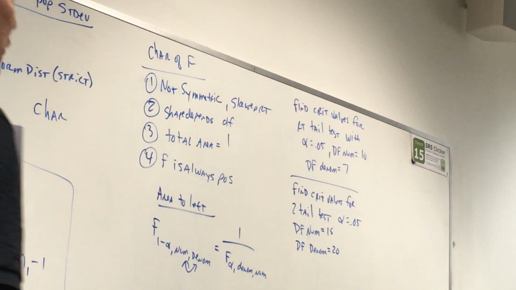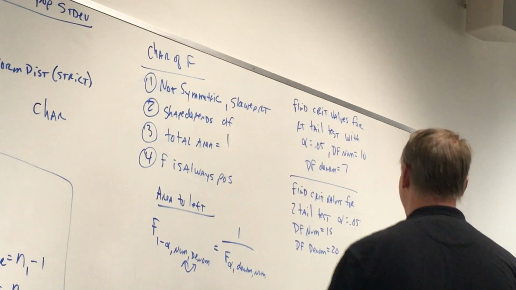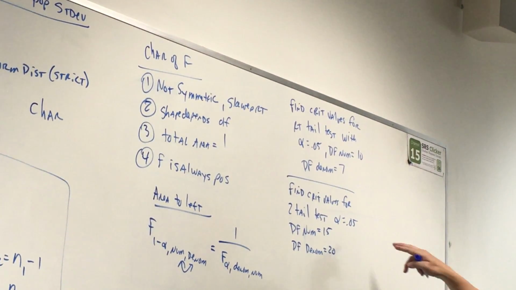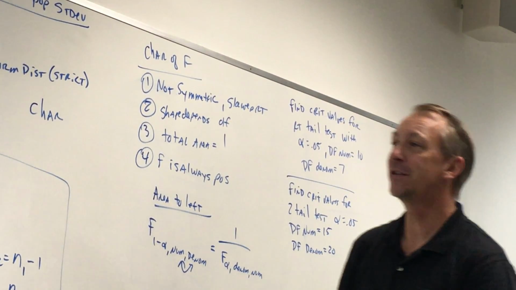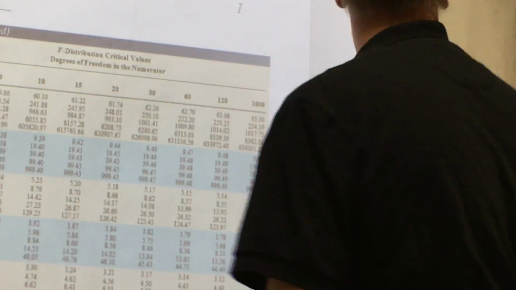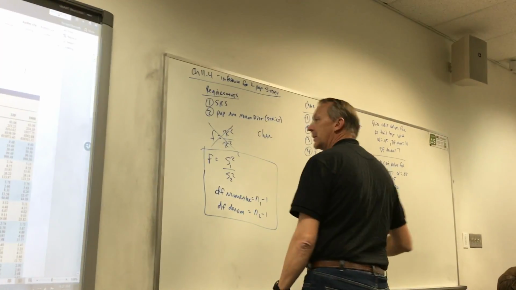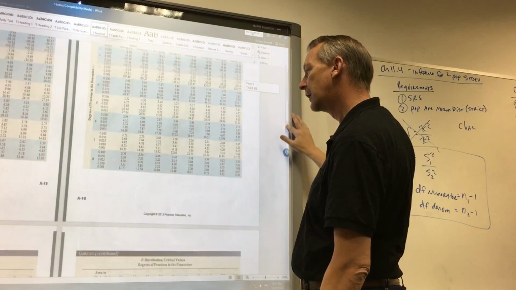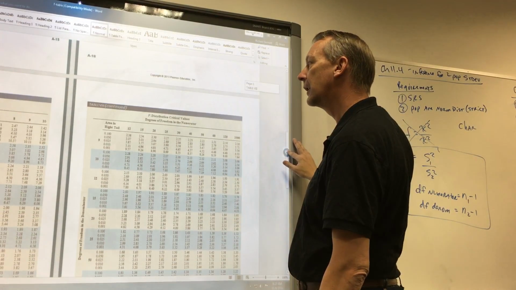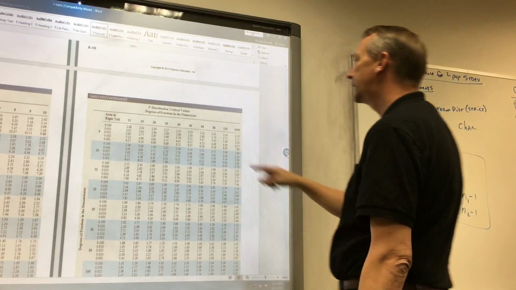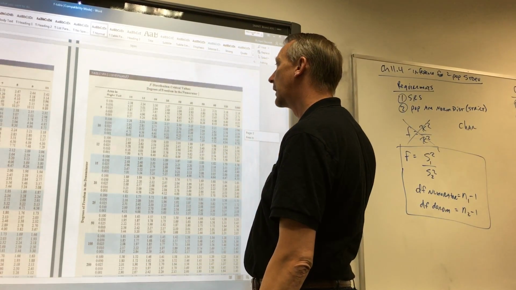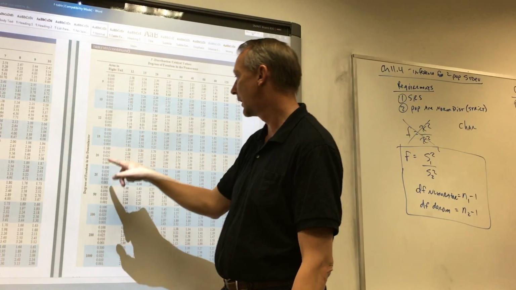Okay? Let's do the one first that's going to be easy. Two-tailed test. Degrees of freedom is 15, so I'm in this column here. Degrees of freedom of the denominator is 20. I'm not on the right page. 15 and 20.